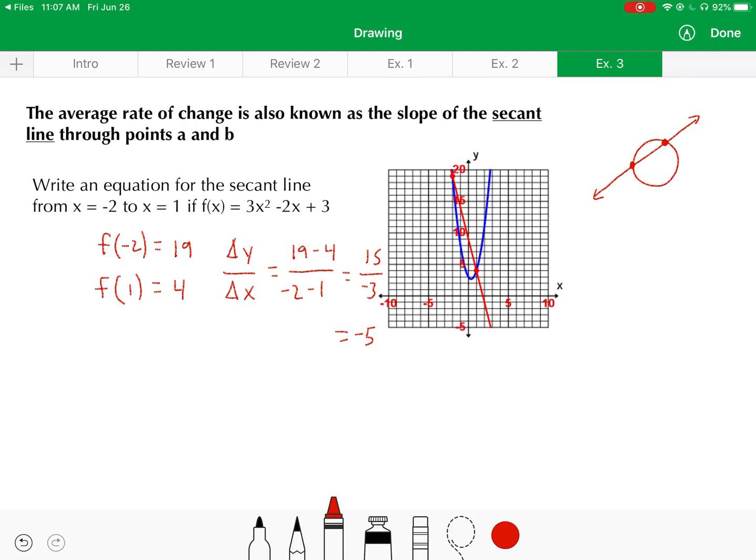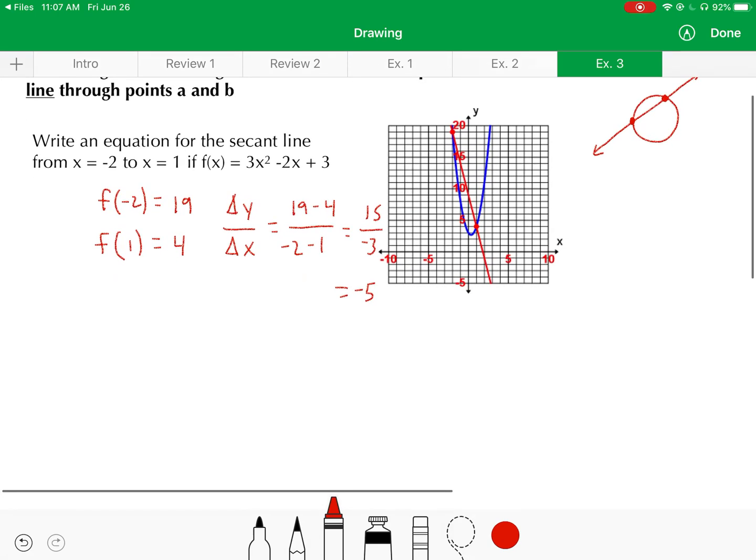Now that I have that average rate of change or that slope, I can make an equation for this line in point slope form. I'm going to pick the point (1, 4), and use the slope of -5 to make this in point slope form.